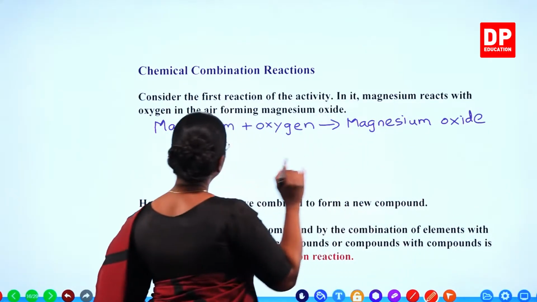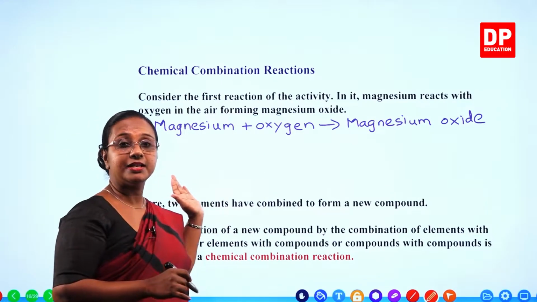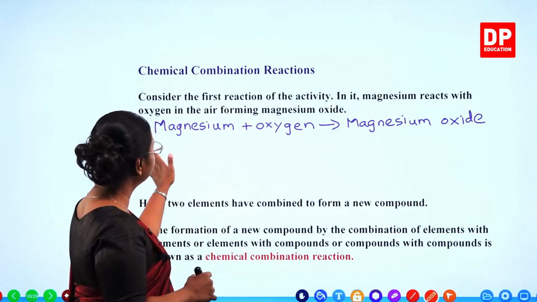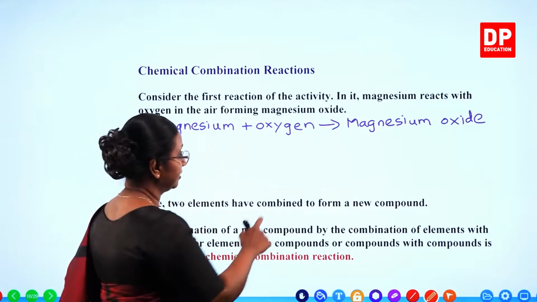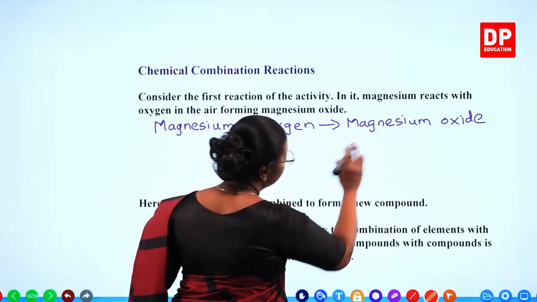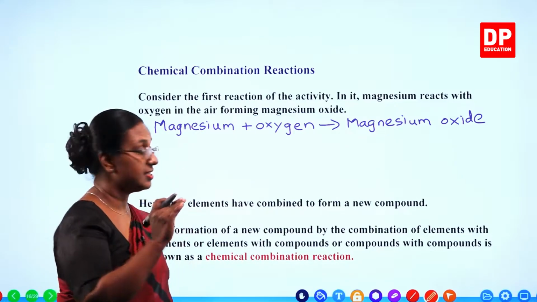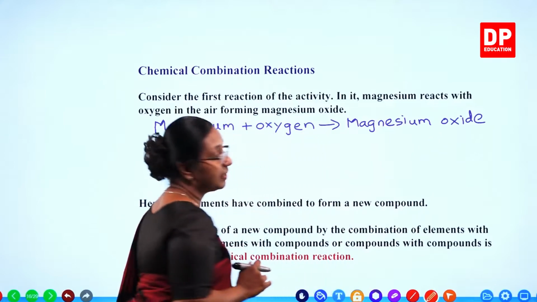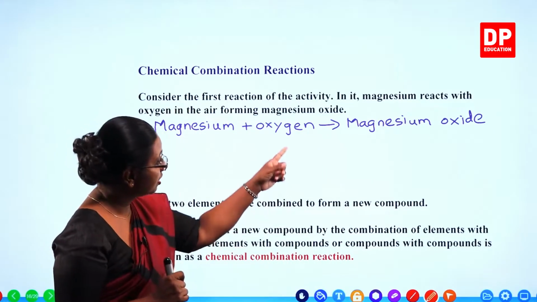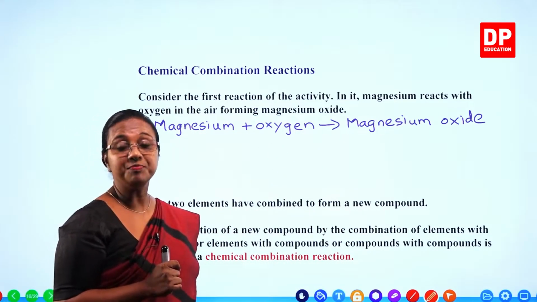In a reaction, students, you all know on the left hand side we have the reactants. Magnesium and oxygen are the reactants. The arrow shows how the change takes place, and on the right hand side we have the product, one or more products. Here it is magnesium oxide.